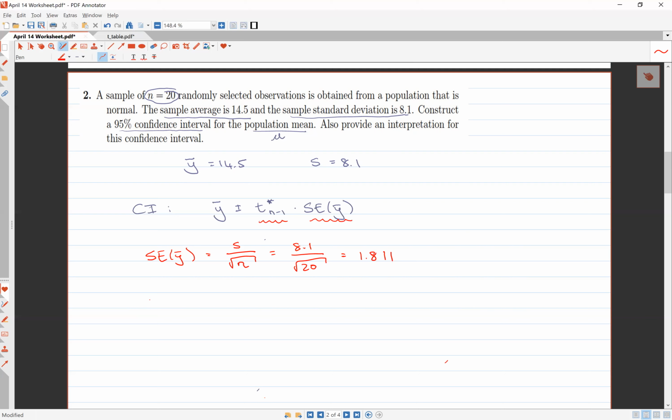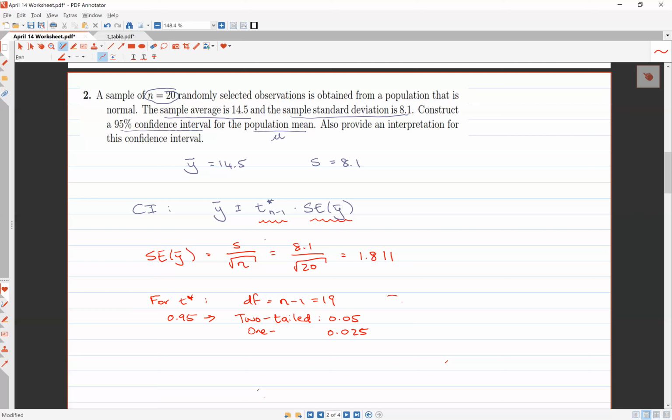For our T star value, we know degrees of freedom will be n minus 1, so 19. And since we're doing 95% confidence, that means our two-tailed remainder is 0.05, and the one-sided will be 0.025.